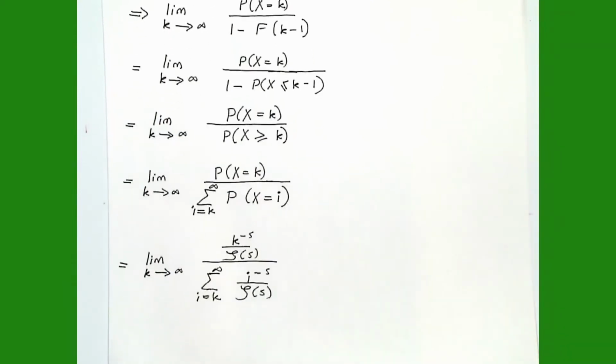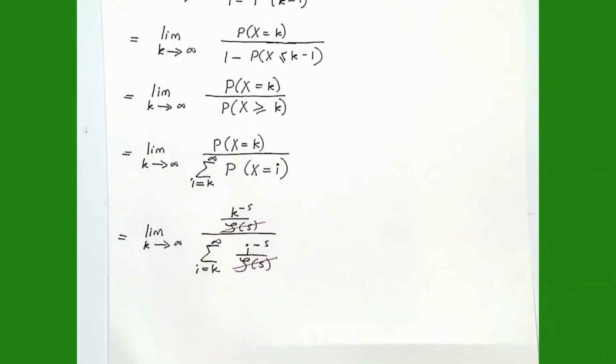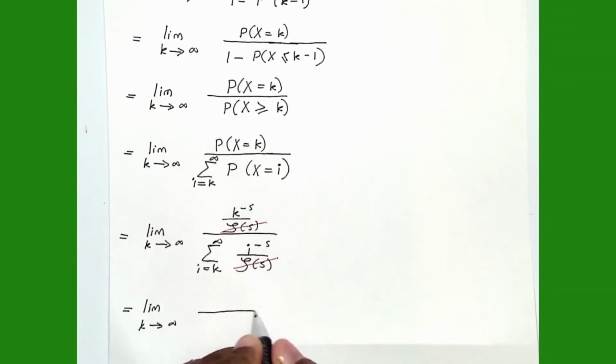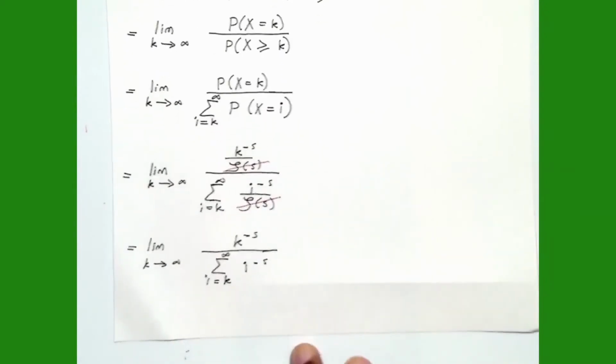These two being constants, you can cancel them out. So what you have is the limit... Now at this stage I'm going to use a trick.